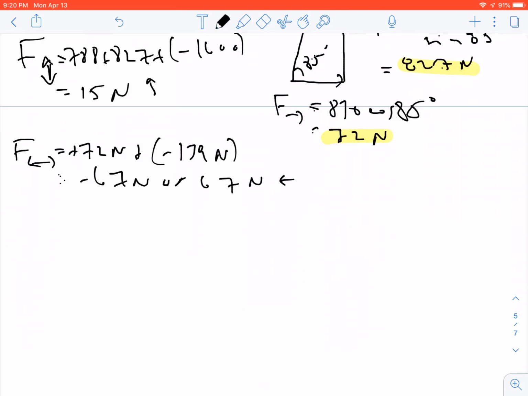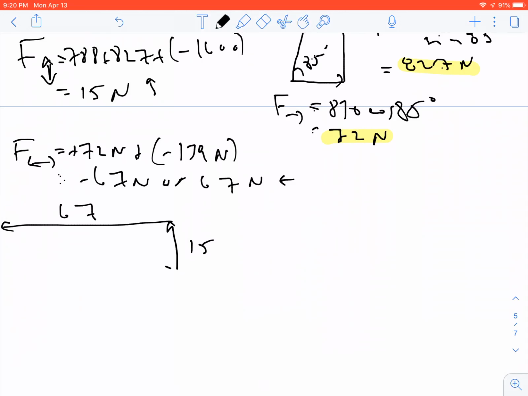I have all those three forces that are acting. The planet plus the two individuals combined give me an upward force of 15 and give me a left force of 67 newtons.